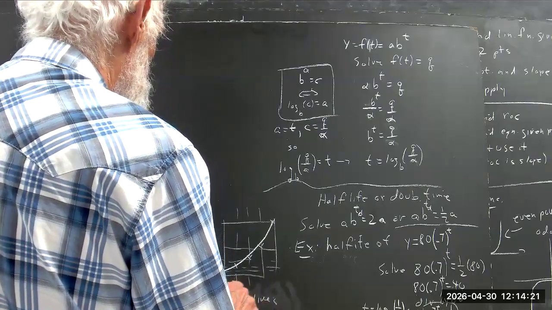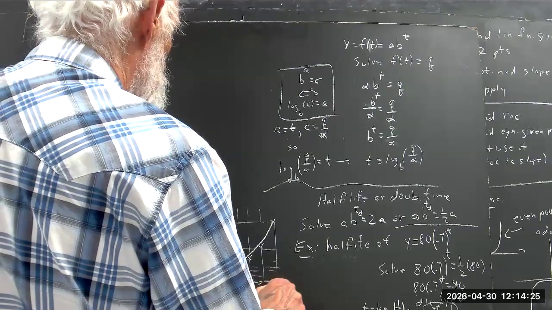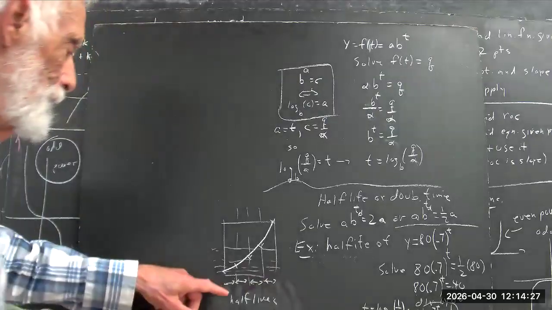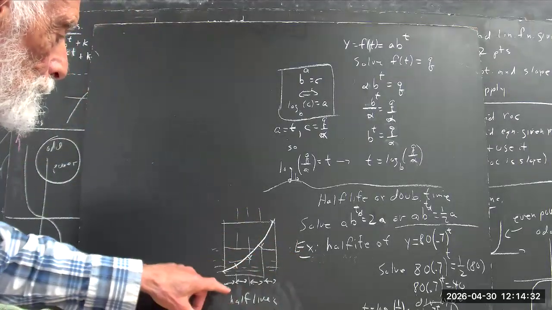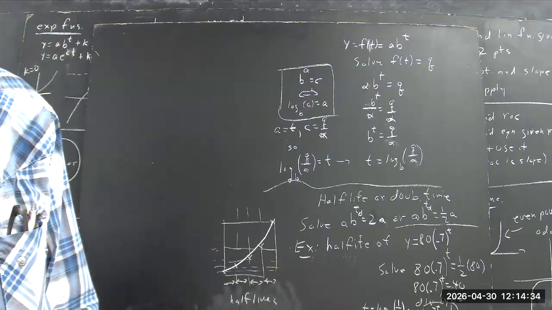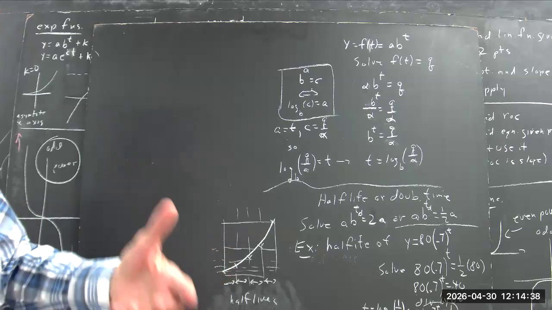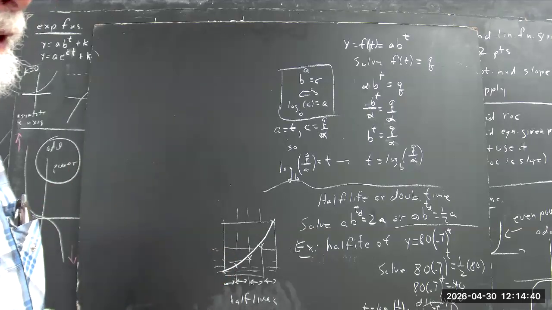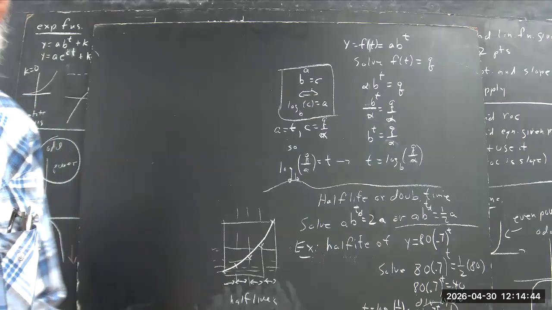Make sure you understand that half-lives, you just do the standard sketch of an exponential and then label the t-axis or x-axis by half-lives. You get a graph that's going to give you a pretty good indication of how the function works. Okay?